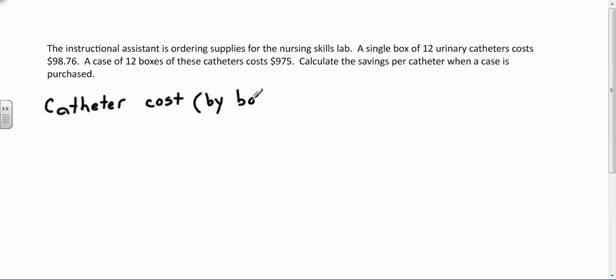That means when we buy them by the box. But we're calculating the cost per catheter. And to do that, we have to take the total cost, which is $98.76. We have to divide that by 12 catheters.